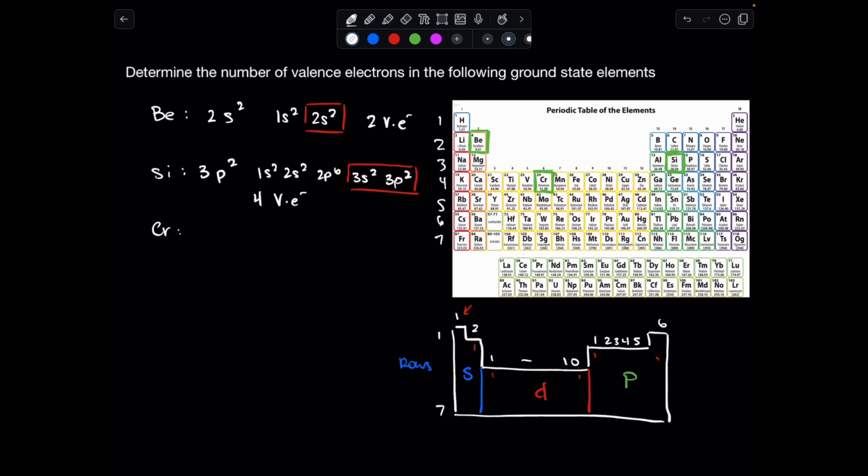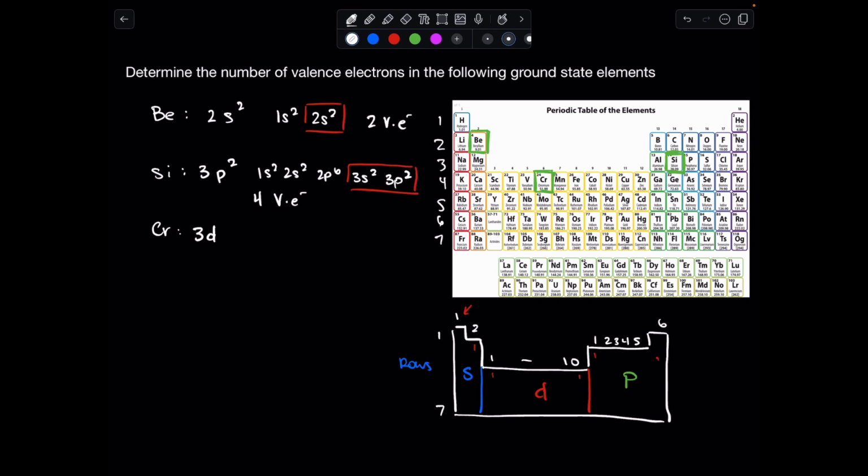Even though it's in energy level 4, it's actually going to be a 3d energy level, simply because our D elements are supposed to be shifted up 1 to more match these rules that we're using, but the periodic table is designed this way to make it more chemically compatible. So we just have to keep that in mind: for our D block, take whatever your energy level is, subtract 1, and that will be the correct energy level to place our valence electrons in.